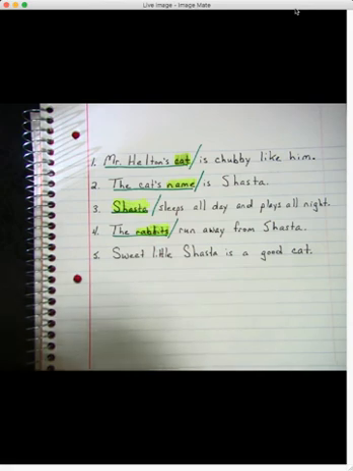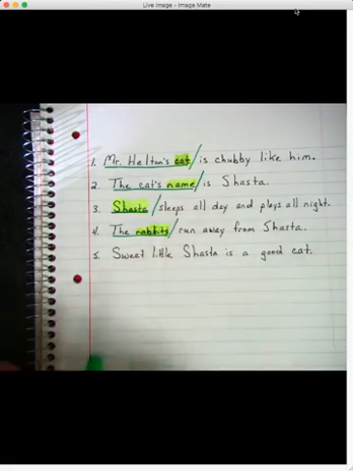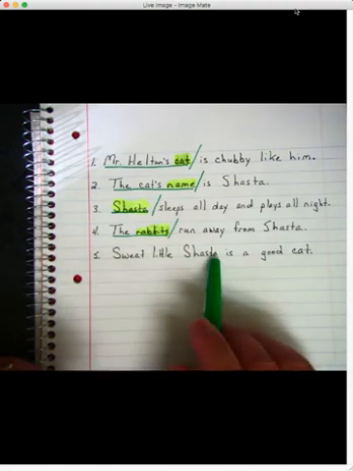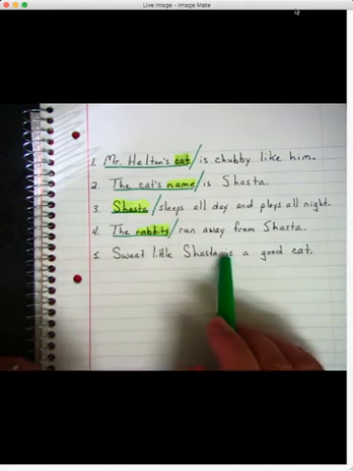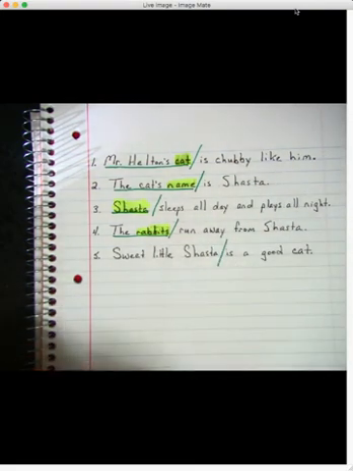Okay. Now let's look at this last sentence. Sweet little Shasta is a good cat. What do you think? Who's it about? Yeah, it's about sweet little Shasta. What is she? Is a good cat. So we're going to put a line right there. Okay. Now, what word is the simple subject?